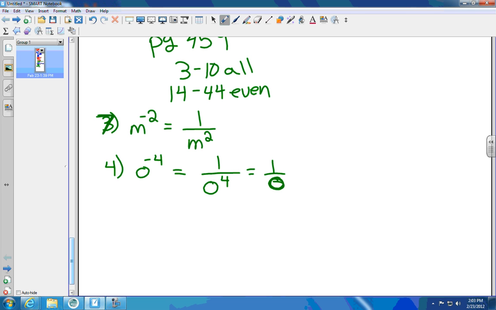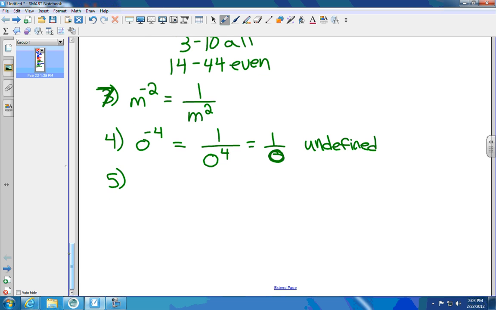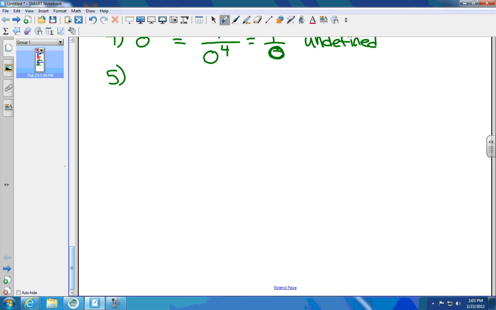What did it say? The error. It's undefined. That's what I needed you to say. You can't ever have 0 in the bottom of a fraction. Number 5. 0 to the 0, we already said undefined.